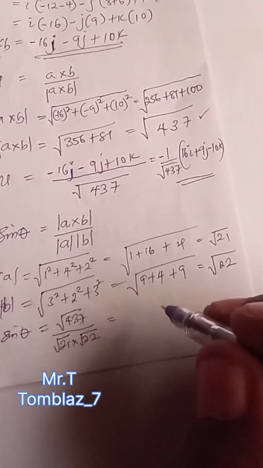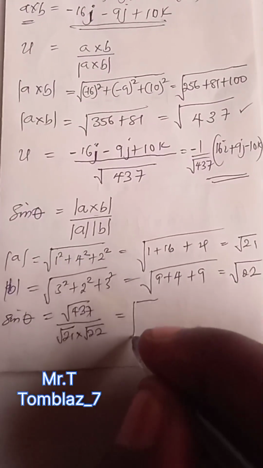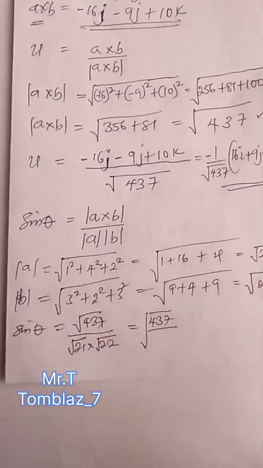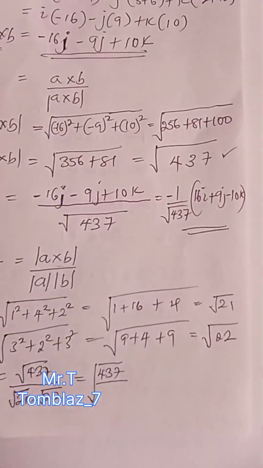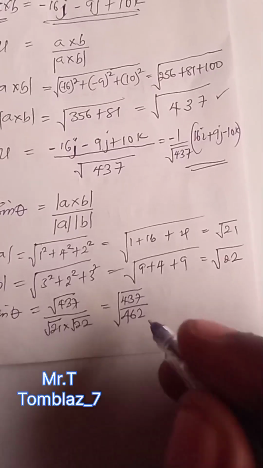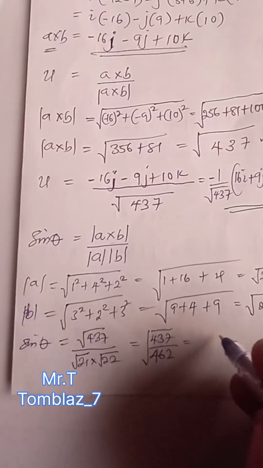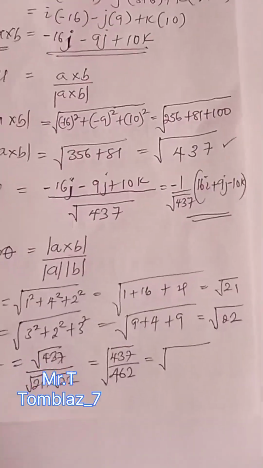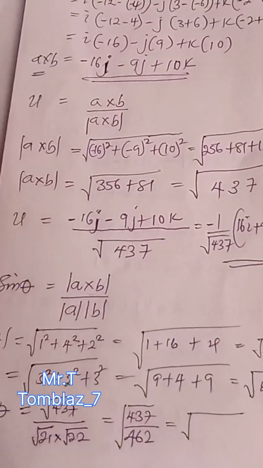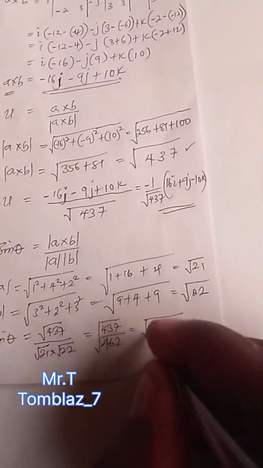So this is going to be square root of 437 divided by, let's multiply this value now, 21 by 22. 21 times 22 is going to give us 462, right? So the sine of that angle is going to be this. So if we proceed further, we're going to be having 437 divided by 462.